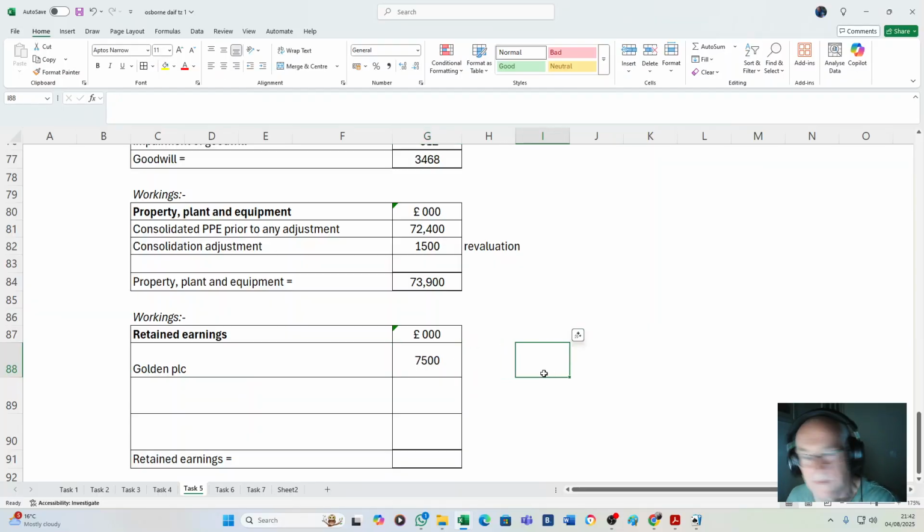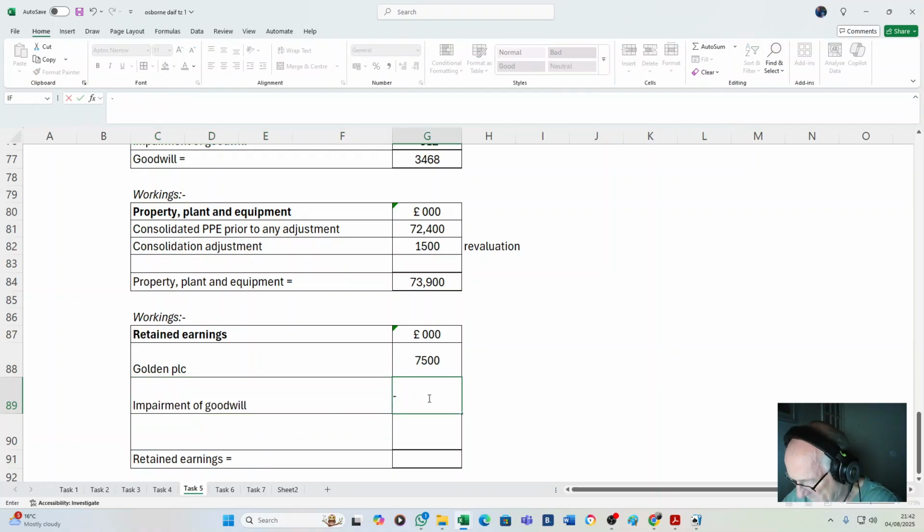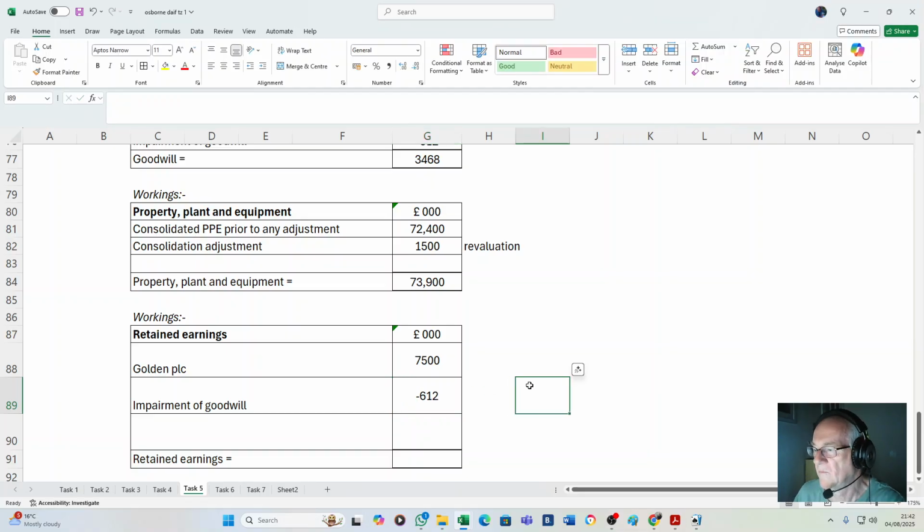Could have just done equals and gone up to it. Then, doesn't matter what order you do it in. Easy to forget, easy to miss out. And then we've got to work out how much they get from the subsidiary.